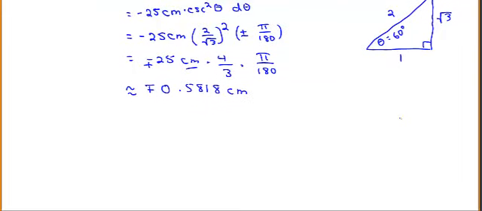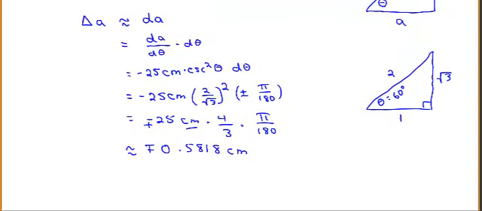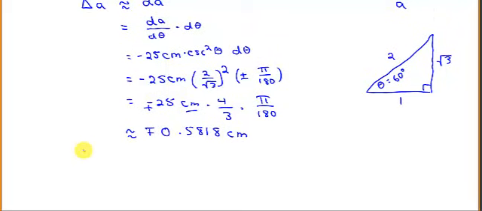So if we want to judge whether this error is good or bad, and by the way, maybe I should give this a name, this is called the absolute error. So we've just estimated the absolute error.